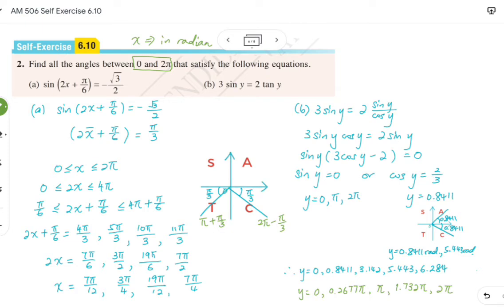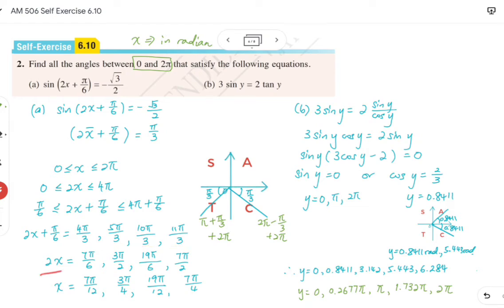Okay, and we have some more. Because of the 2x, we need to turn one more round. So we add another 2 pi for each. There we get 10 pi over 3 and 11 pi over 3. Alright, so now we want the solution for x. So first thing, we try to move away the pi over 6, become minus from each of this angle.